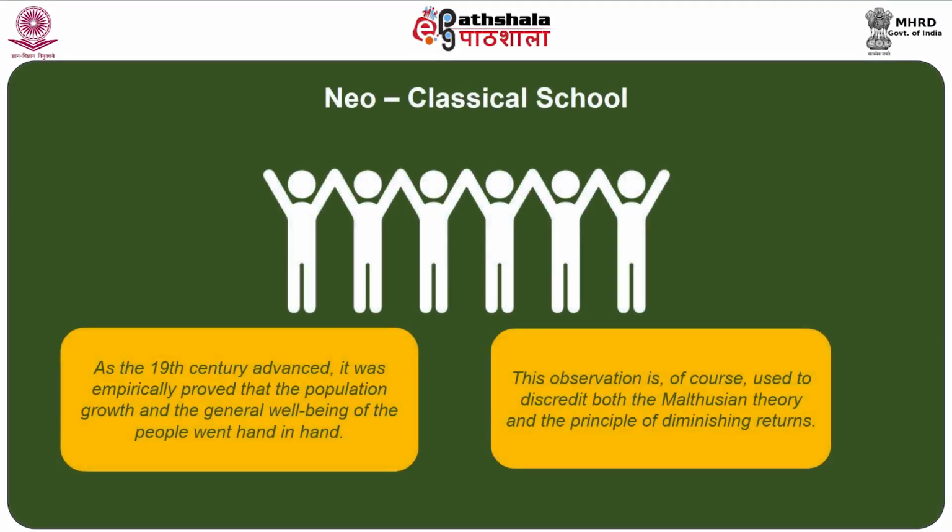As the 19th century advanced, there was enough empirical evidence to prove that the population growth and the general well-being of the people went hand in hand. Of course, this observation was used to discredit both the Malthusian theory and the principle of diminishing returns.